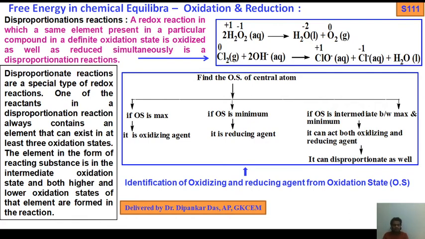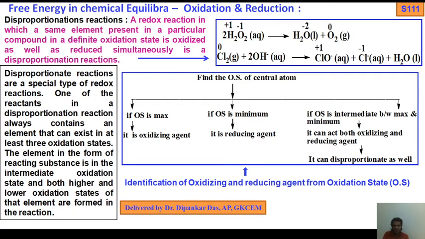So now, disproportionation reactions. Before discussing disproportionation reactions, you should look at this diagram of oxidation number of the central atom. This is the identification of oxidizing and reducing agents from oxidation state. This is another key rule or trick to identify the oxidizing agent or reducing agent.